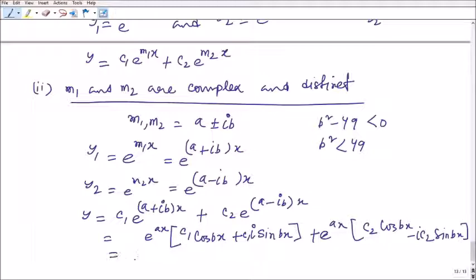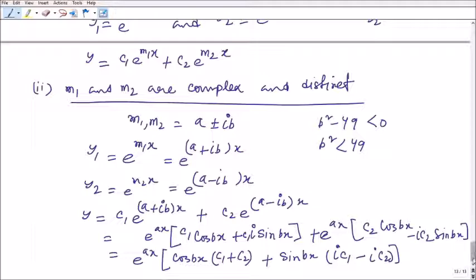Now we can write e to the power ax times cos of bx into c1 plus c2, plus sine of bx into i c1 minus i c2.